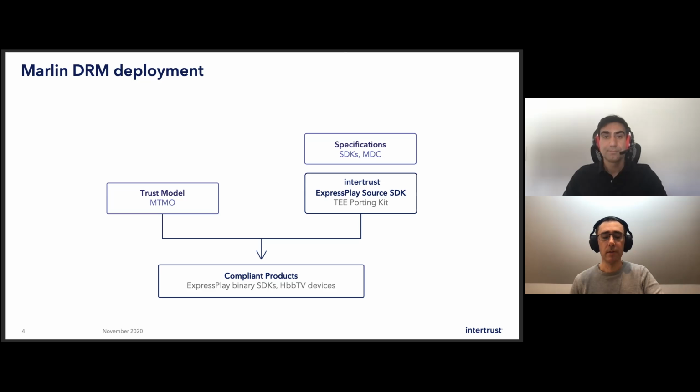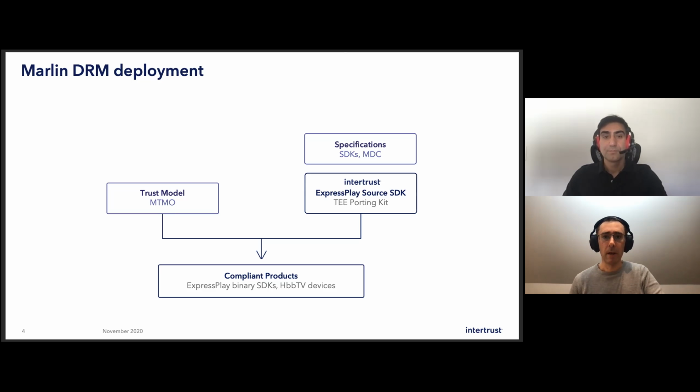Then, while this integration stage is performed, one should also sign a commercial license with MTMO to prepare for a commercial launch. And finally, the last steps to complete in order to deploy a product are to receive the personalization keys and credentials, as well as filling in the Marlin compliance and robustness checklist to the MTMO organization.